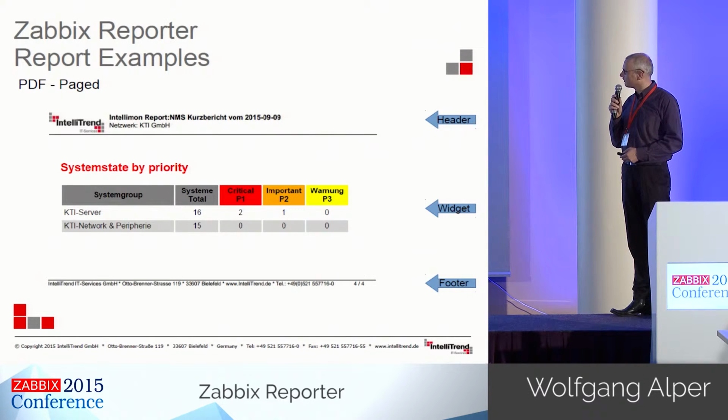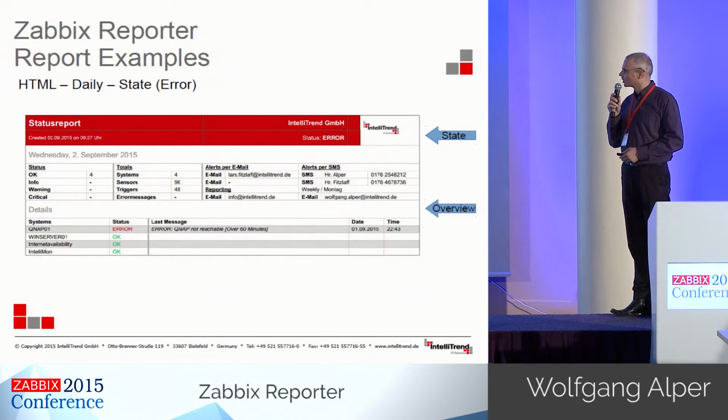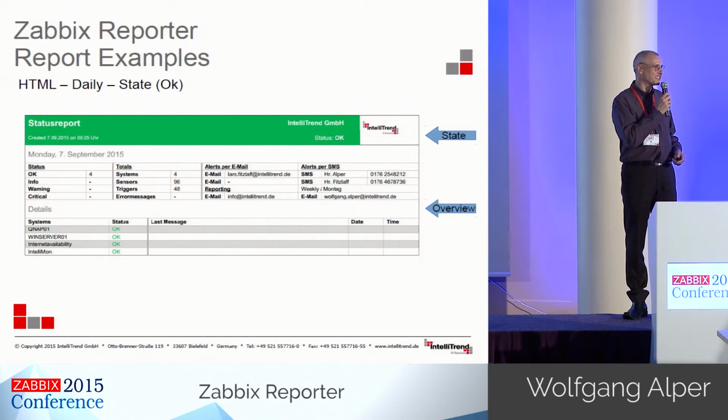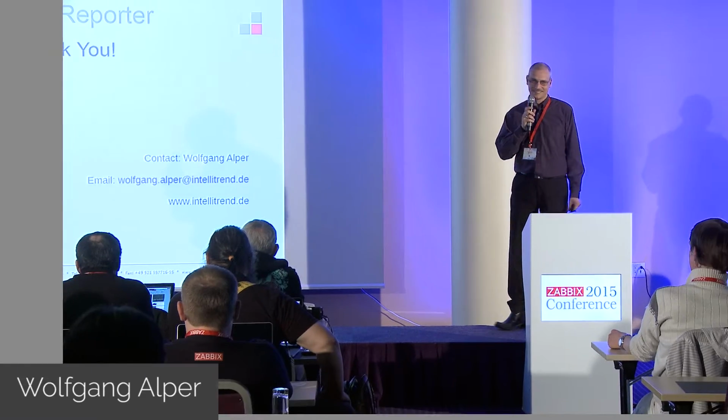We have a header for the PDF and a footer. This one is a list that's getting out of it, and this one is a short one that goes out to the management, maybe on a daily basis via email, and shows there's an issue. It's red, as you can see, and this one is green, showing everything is fine. And now we come to the 10-second mark, which leads me to the last slide. Thank you very much.